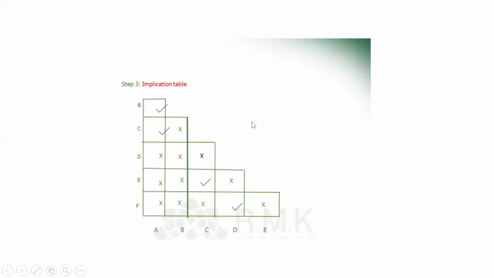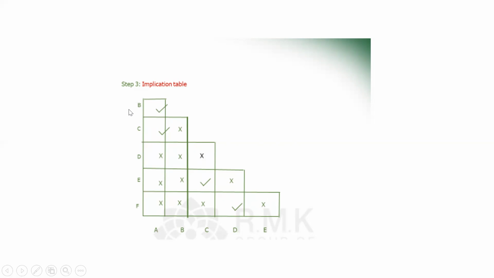From this primitive flow table, we have to complete the implication table. To go for the state reduction, we have to use this implication table. For this, you have to write the present states: A, B, C, D, E. Then here from B to F, we have to write. First we have to combine A and B. If the next state and output are equal, you have to put a tick mark.